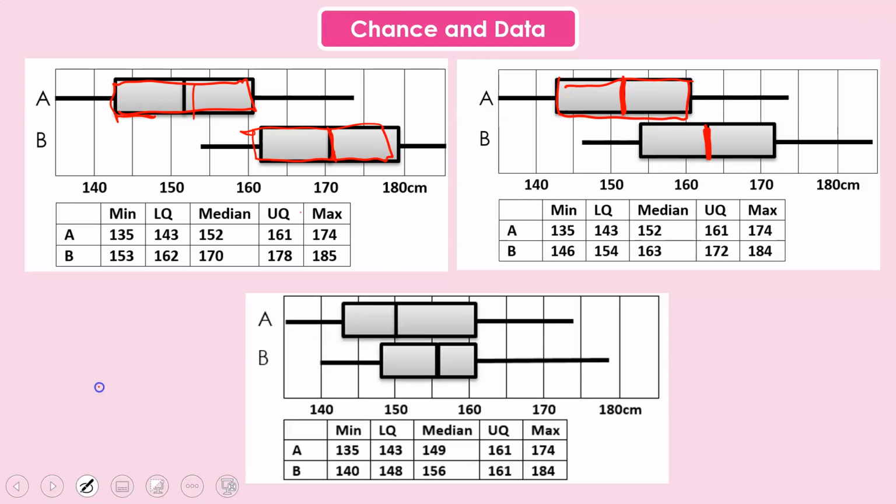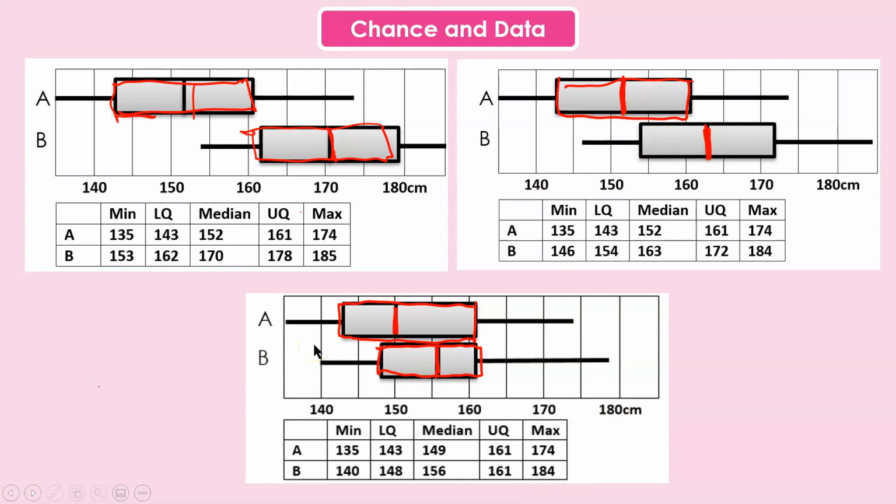And thirdly, we can end up with an overlap where we have the medians inside the box of the box and whisker. Obviously, it's easier to say that there's a clearer difference in this one. Still a difference, but not as big a difference in this group. And then this group is much closer.